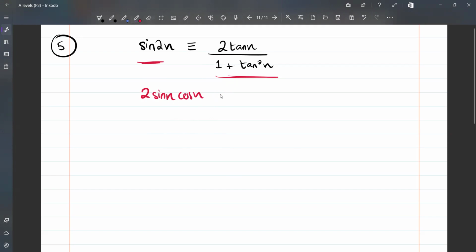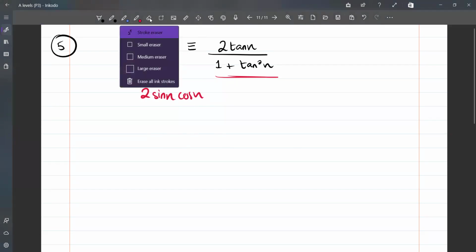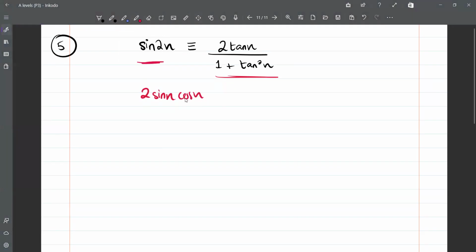So what we can do is, we know that there is 1 in the denominator. So we are going to divide the numerator and the denominator by cos square x. I'm doing this so that we get tan x in the numerator. All right.